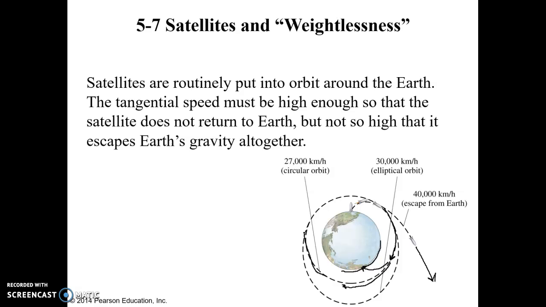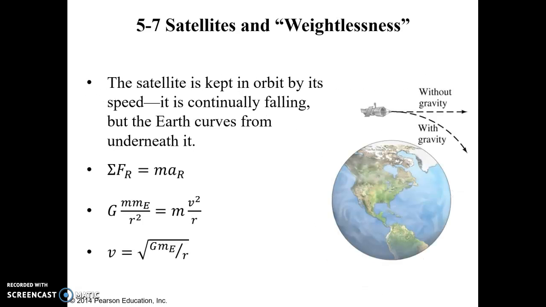So a satellite is essentially constantly falling around and around and around the Earth. But it's falling at a very specific speed, a speed at which it never actually crashes to the Earth's surface.